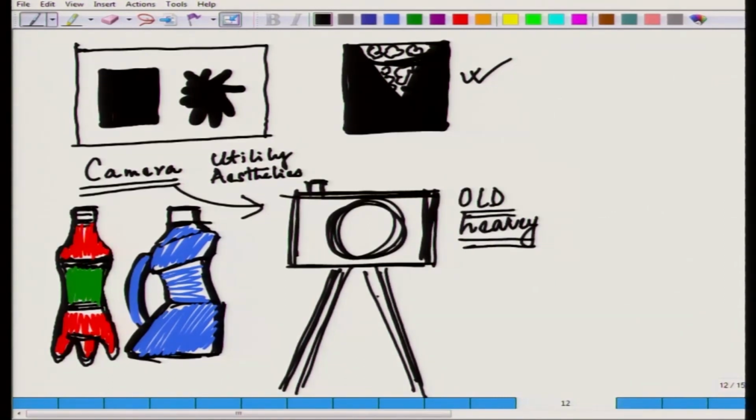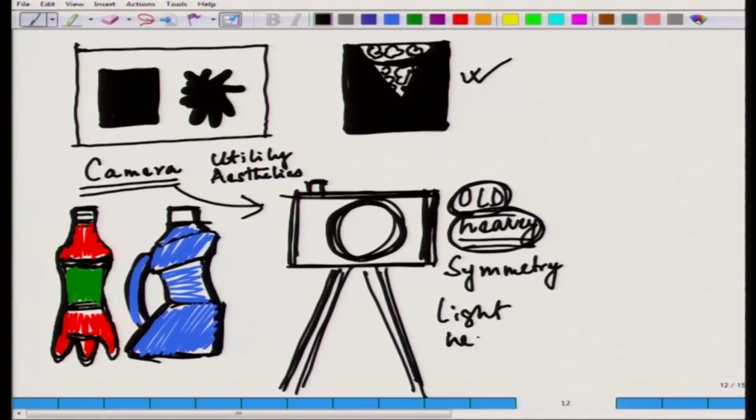So, this is one camera which is heavy, it is an old model. So, it is in symmetry, whereas a new camera is light. So, the style may change and be emphasized on one balance that is more asymmetrical like this. And also maintain the utility and aesthetics together hand in hand.